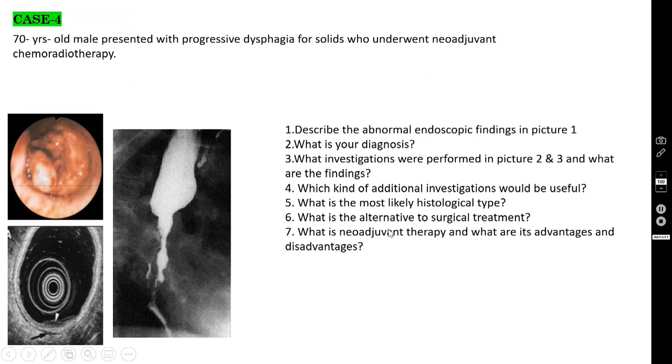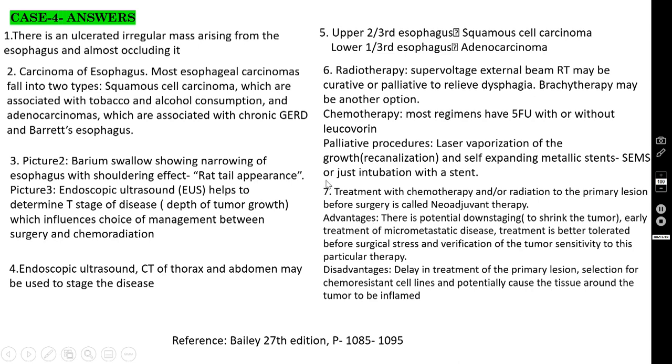What do you mean by neoadjuvant therapy, and what are its advantages and disadvantages? Treatment with chemotherapy and/or radiation to the primary lesion before surgery is called neoadjuvant therapy. Advantages: there is potential downstaging of the tumor, early treatment of micrometastasis, treatment is better tolerated before surgical stress, and verification of tumor sensitivity to this particular therapy.